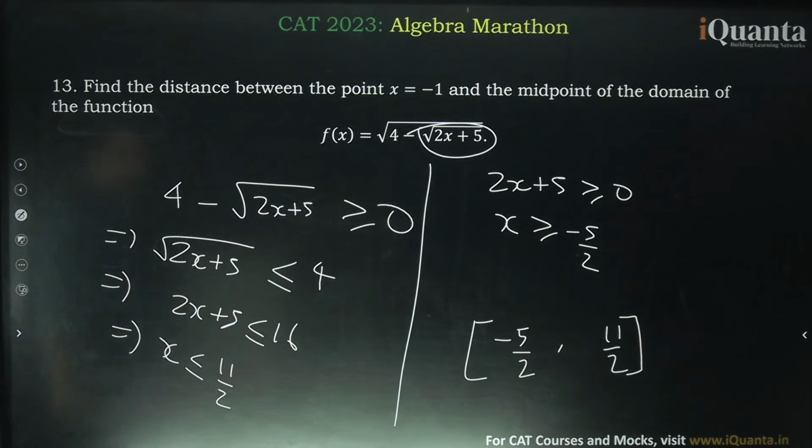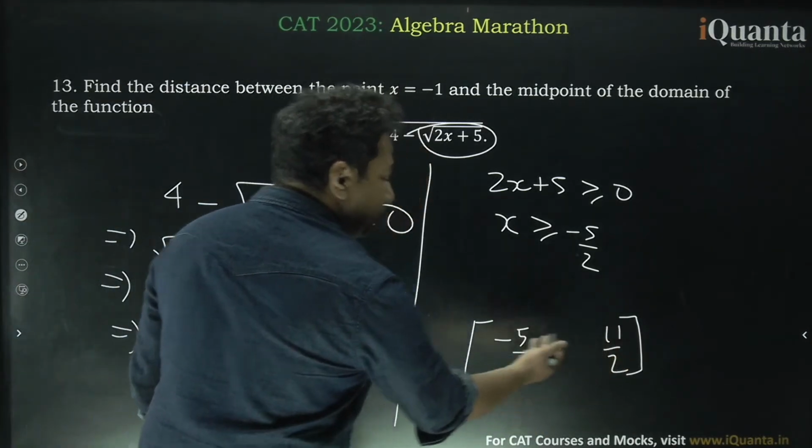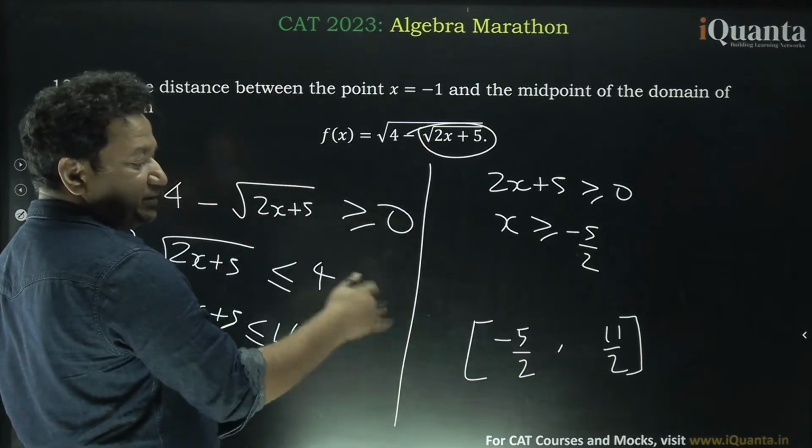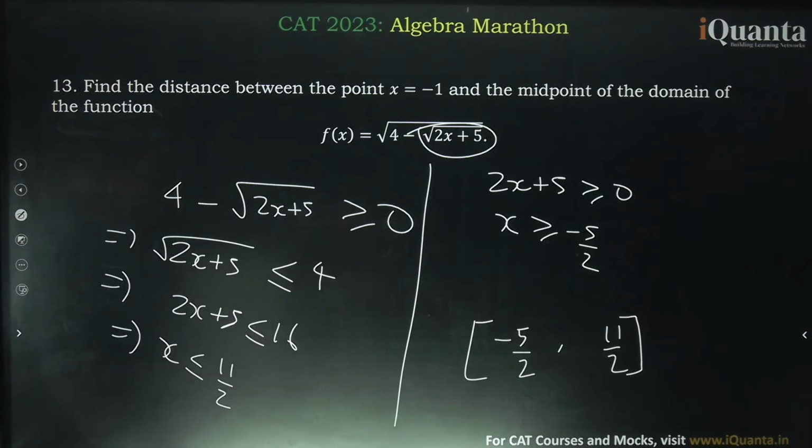Okay, now what is the midpoint? 11 by 2 minus 5 by 2, if you do that, you will be getting 8 divided by 2, that is 4.